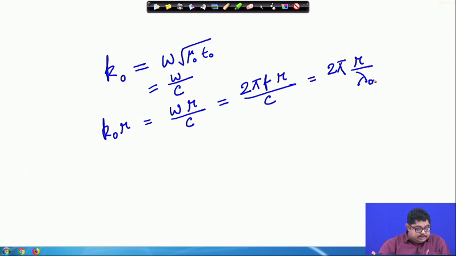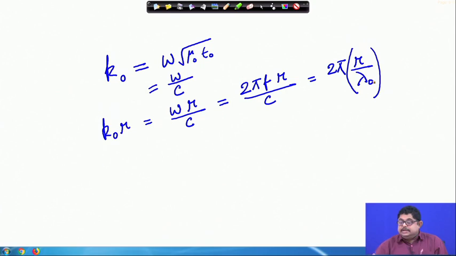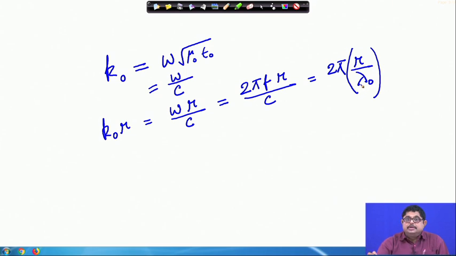So, instead of the distance r, the radial distance of the observation point from the antenna, we are writing it as an electrical distance r by lambda naught, because lambda naught is the electrical quantity. Actually, the source is oscillating with this frequency f naught, the corresponding wavelength is lambda naught, and the wave is also propagating. So, r by lambda naught is the electrical distance.